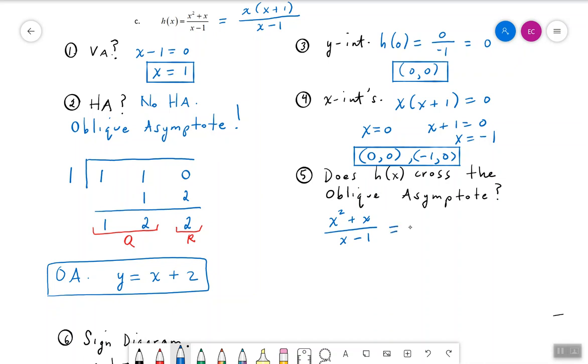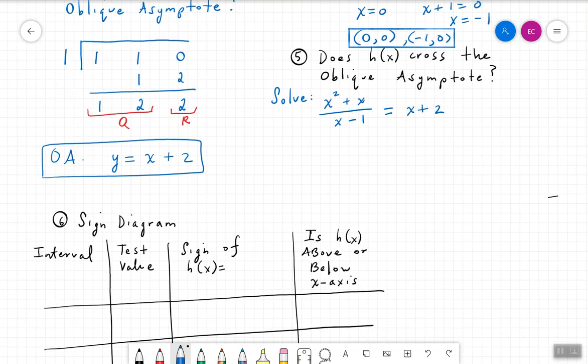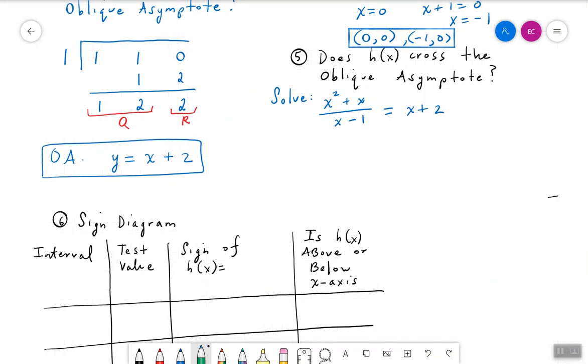And the oblique asymptote is x plus 2. And we just need to solve. In order to do that, we can clear out the fractions. We can multiply by x minus 1 on both sides.